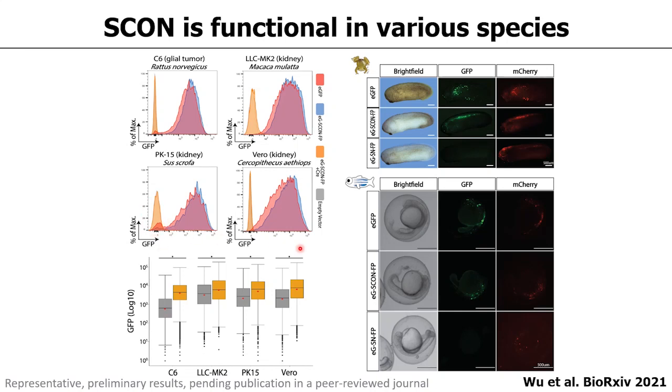We also checked that the SCON intron is functional in Xenopus as well as zebrafish, meaning that the same conditional intron can be used for generating conditional knockouts probably in many mammalian species, but also in other species living in the water.